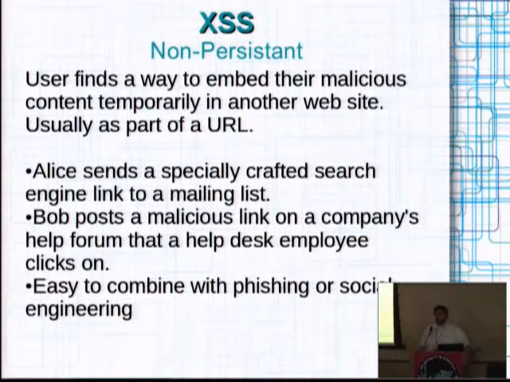This is also made much easier with URL forwarding services like Bitly, where people just randomly click on these links without knowing exactly where they're taking them. So you can hide really long, complex, malicious URLs inside these quick, short URL shortener services. And people click on links all the time, like a help link in a forum, something like that.